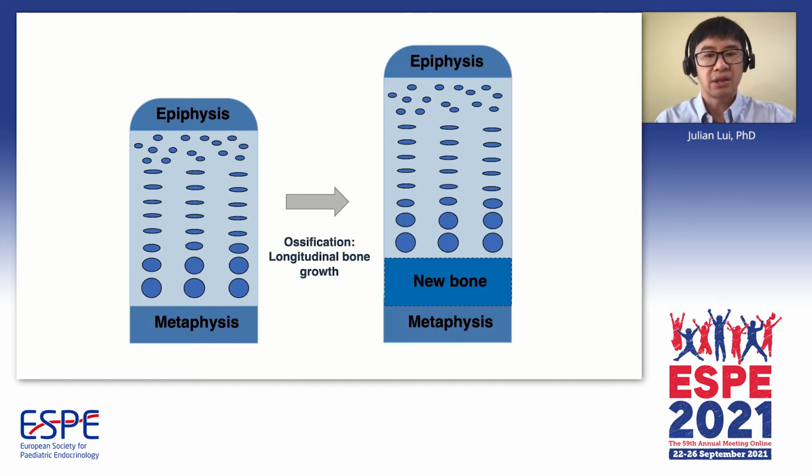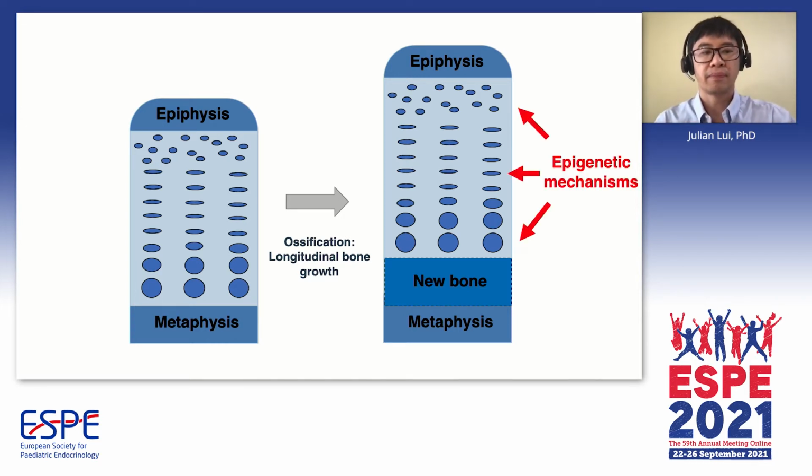In either case, the net result is new bone being progressively created at the bottom of the growth plate as chondrocyte proliferation and hypertrophy continues, and that leads to longitudinal bone growth. The main focus of my talk is going to be how epigenetic mechanisms regulate this process.